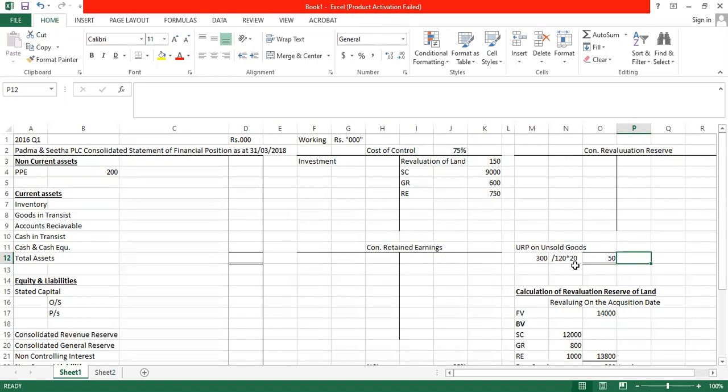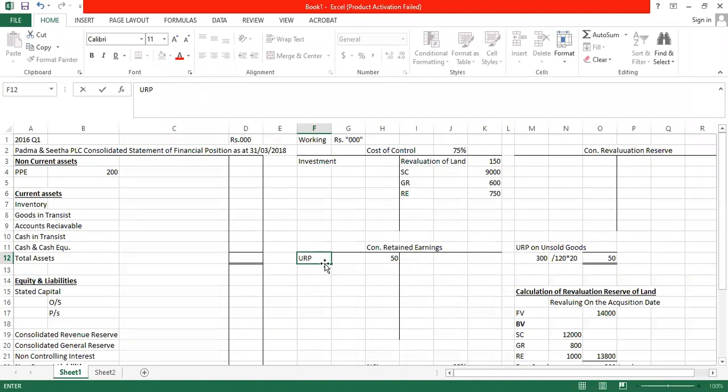But now here, 50,000 of unrealized profit is in the retained earnings of Padma PLC. We have to remove it now. So you have to remove this 50 from the consolidated reserve account. You can put it as unrealized profit. So the double entry is retained earnings debit, inventory credit.